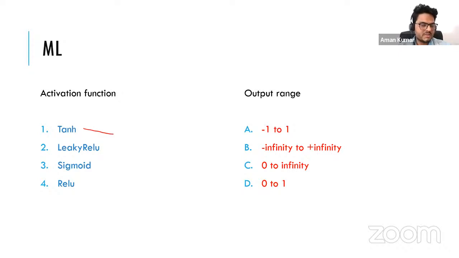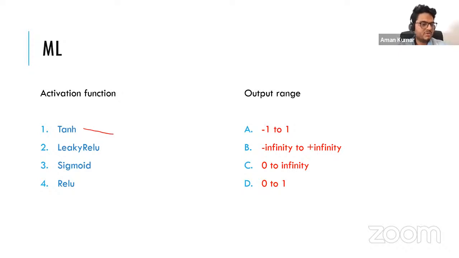Okay, let's see what others are saying. Can others also tell me the answer of this? Output range. What is ReLU? What is tanh? What is leaky ReLU and sigmoid? Anybody else? Only one person has replied to this.